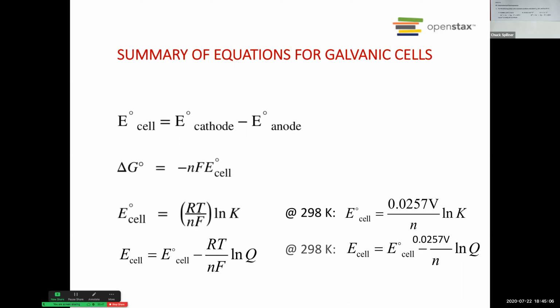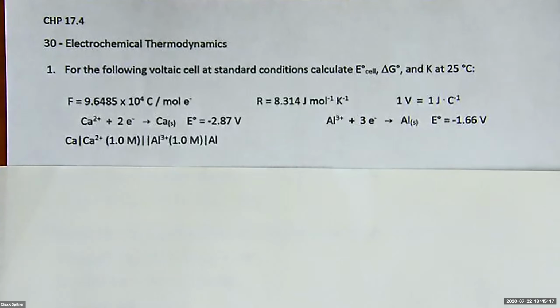And then I'll do worksheet 31. I've already solved these problems, I'm just going to walk you through the solutions. So I'll stop my share here, and by stopping the share, you should see the worksheet now on your screen.